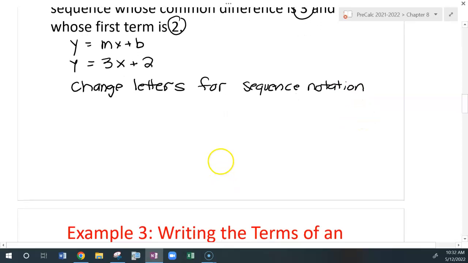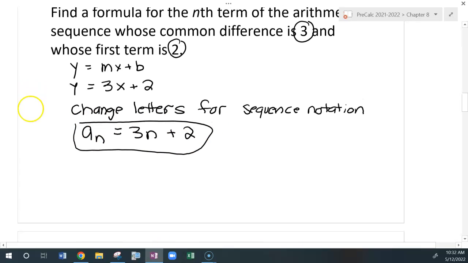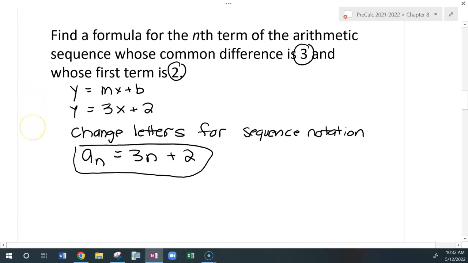So if I change my letters, instead of y equals mx plus b, I'm going to say a sub n equals 3n plus 2. So change the y to a sub n, change the x to n, and then you have your equation. A sub n equals 3n plus 2. Or take your common difference, multiply it by n, and then add 2.